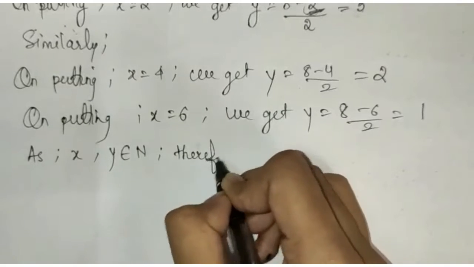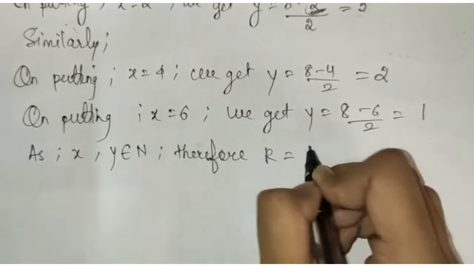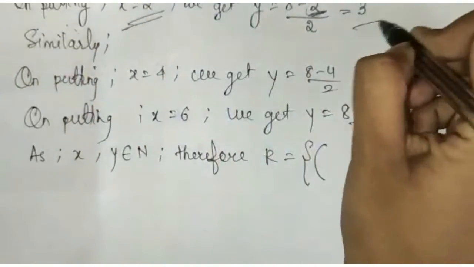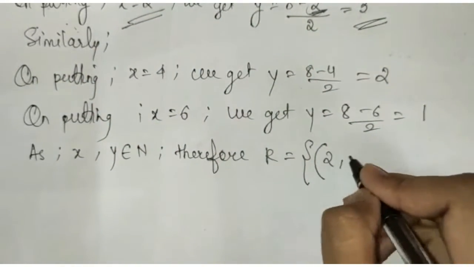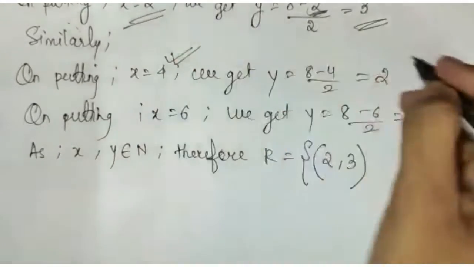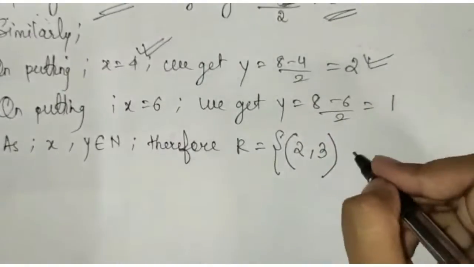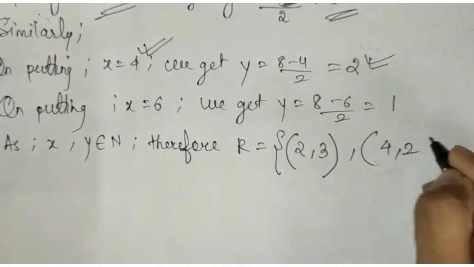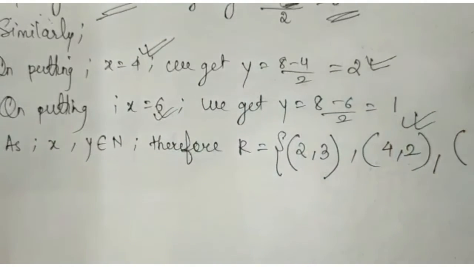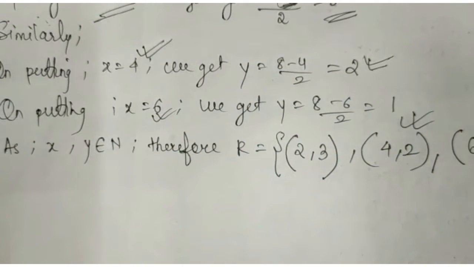So therefore your relation will be R is equal to {(2, 3), (4, 2), (6, 1)}. So how am I denoting my range? See, 2 and 3. Then next is 4 and 2, and then 6 and 1.